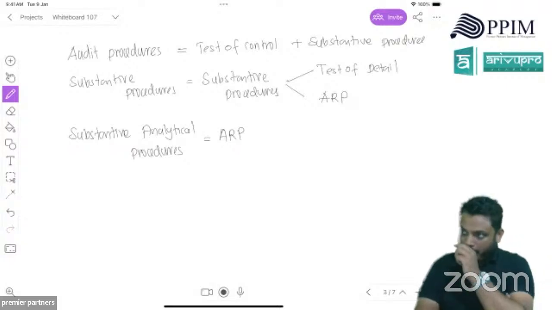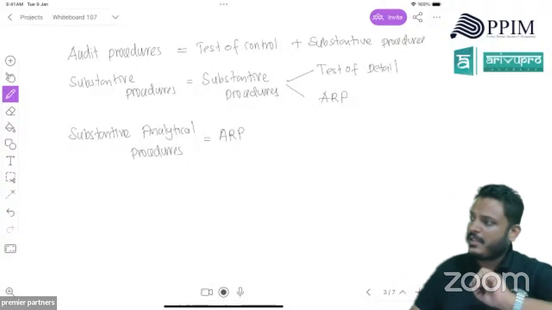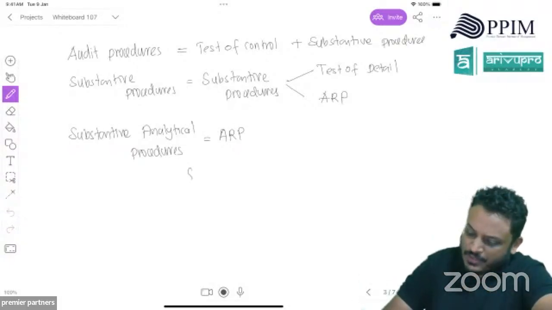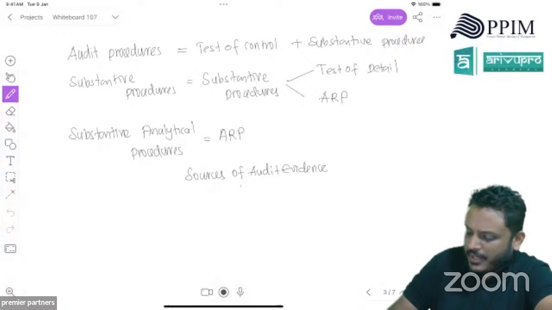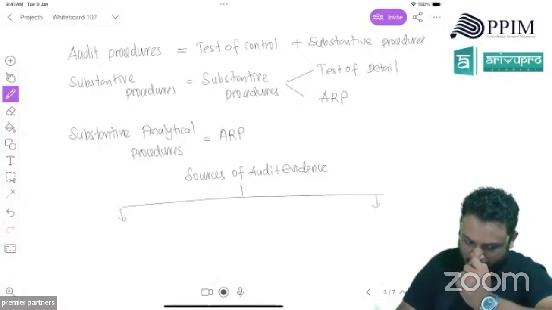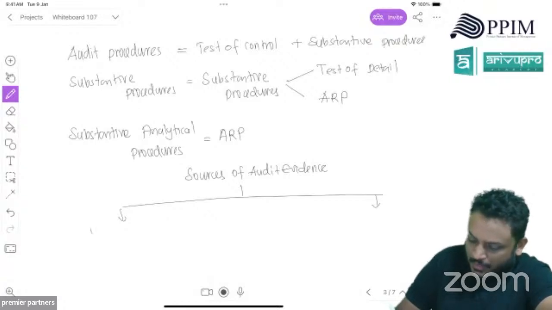Is that clear now? Because when it comes to audit evidence, you might study it. I'll go a little detail for them. Sources of audit evidence. Lahiru might teach you this under ISA 500. See, sources of audit evidence, students, two types. One is test of control.